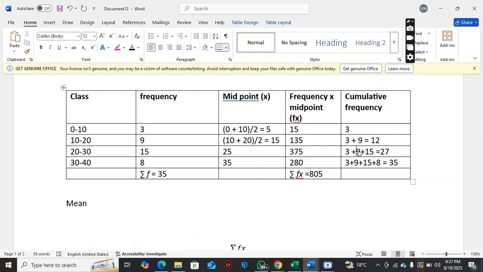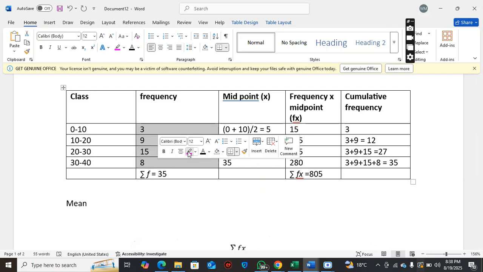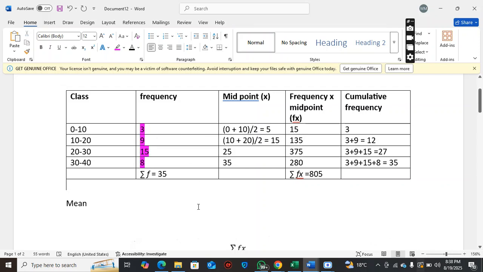Any questions? If I move further, you just add up all the frequency in order. Here, we're using these numbers here. 3, 3 plus 9, 3 plus 9 plus 15, 3 plus 9 plus 15 plus 8.